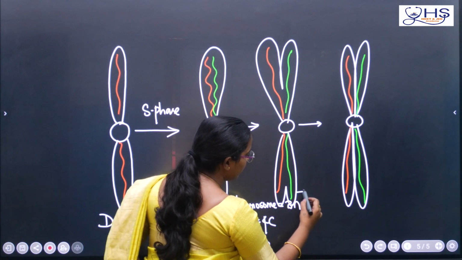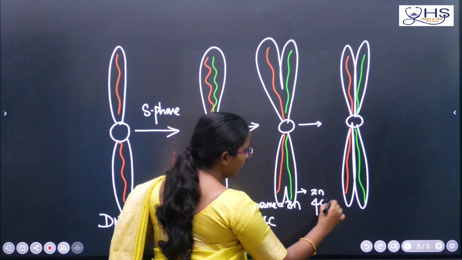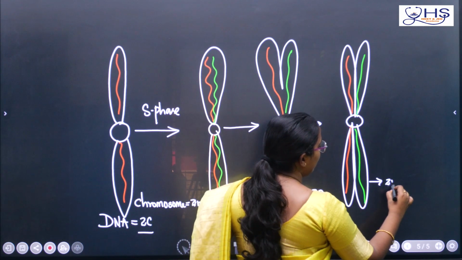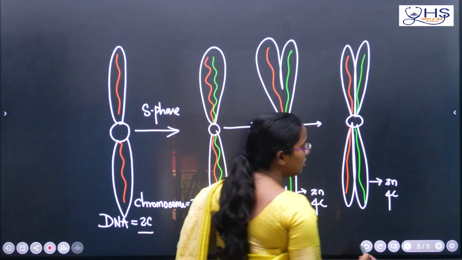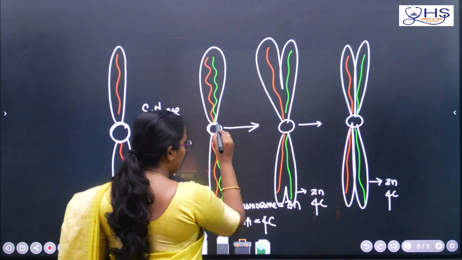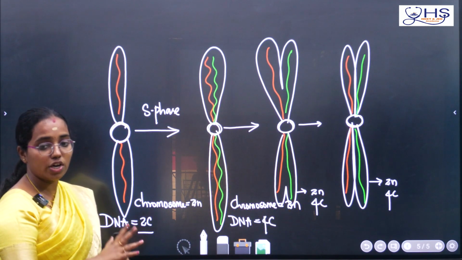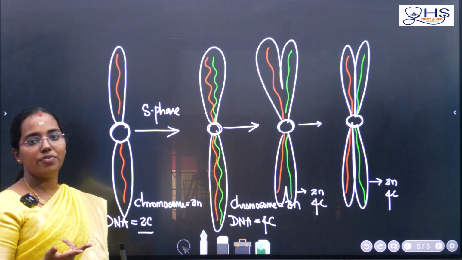Can you say the number of chromosomes here? 2N. What is the amount of DNA? 4C. What about here? 2N, 4C. Why are we not changing the number of chromosomes? If you see, the number of centromeres is 1, 1, 1, 1. So the number of centromeres is not getting changed, so we are not going to change the number of chromosomes.